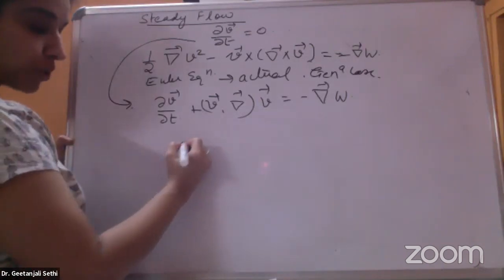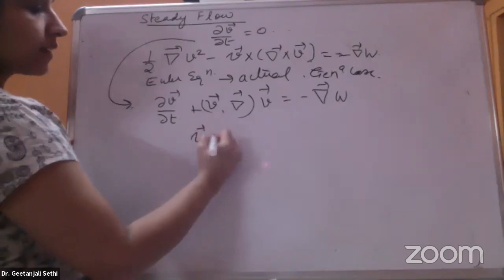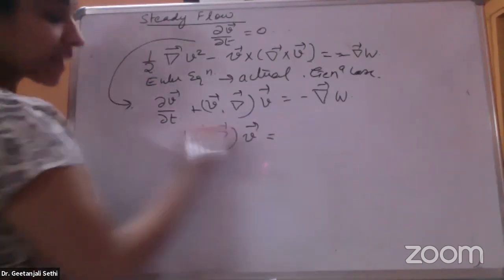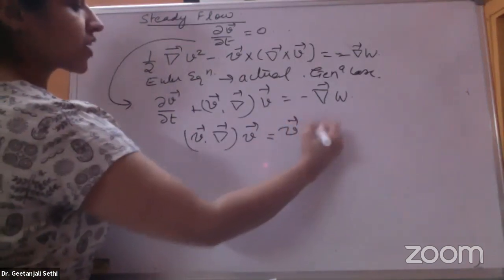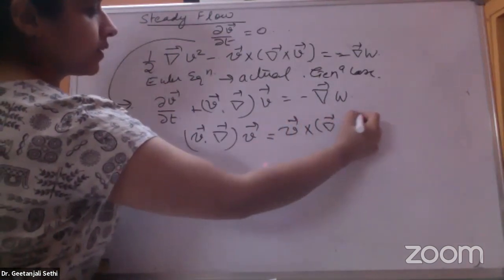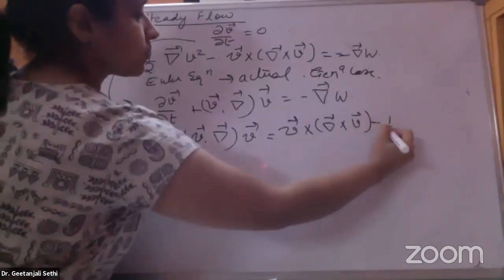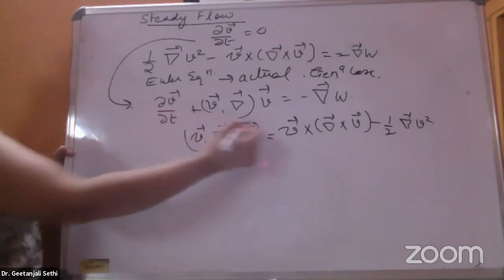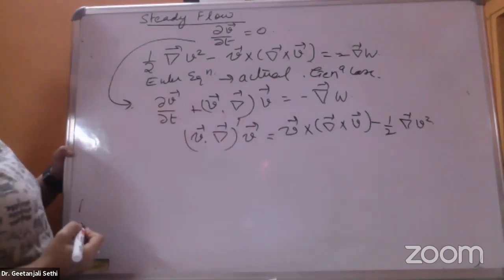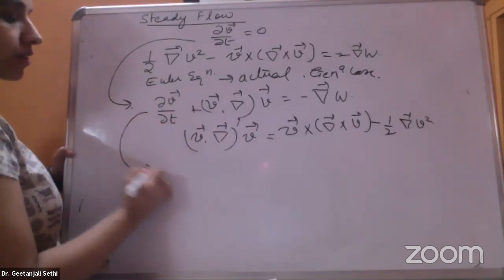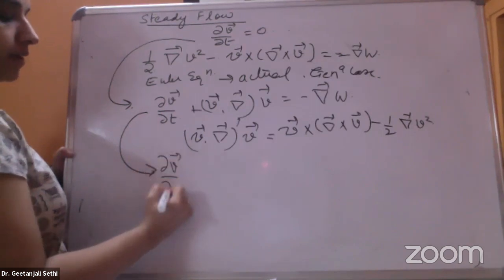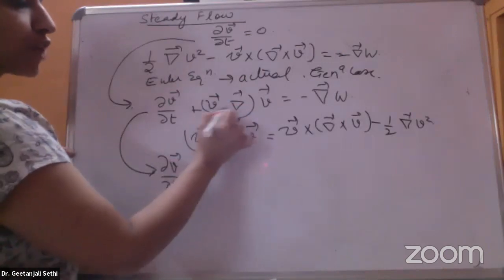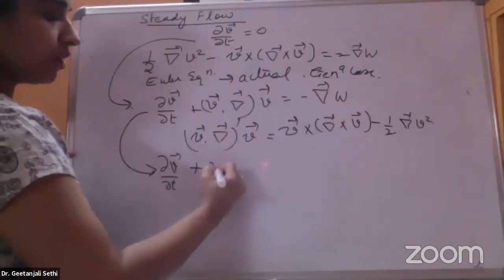Then I told you that you can replace this term using an identity from vector calculus, and substitute this into my Euler equation. I substitute for V dot del V in my Euler equation.